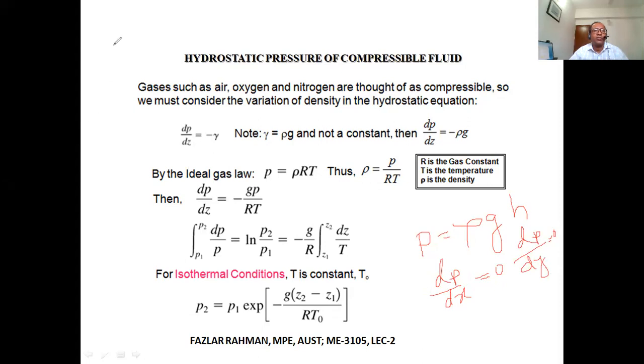But along the vertical direction, or z-axis, dP by dz is coming minus rho g, minus gamma, right?